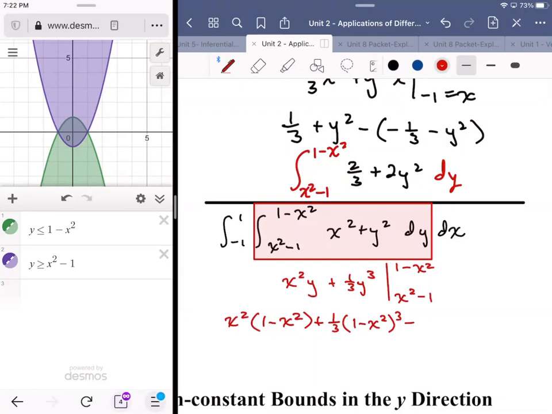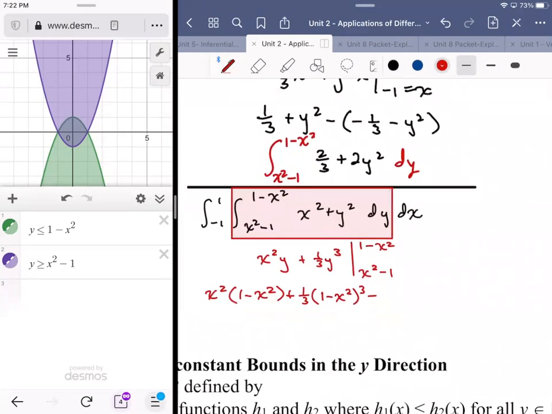Right. So then from this, we subtract the same stuff, just replacing the y's with x squared minus 1s. So x squared times x squared minus 1 plus 1/3 times x squared minus 1 cubed.